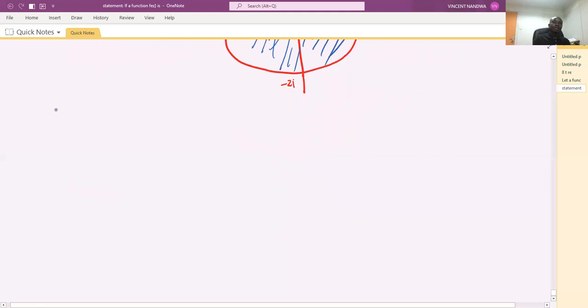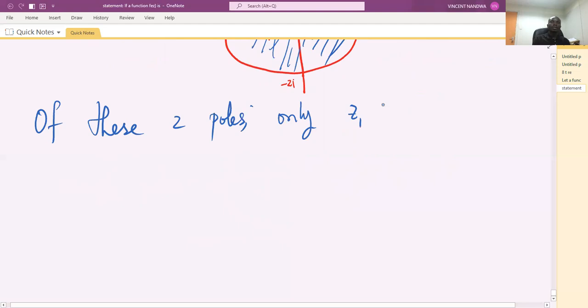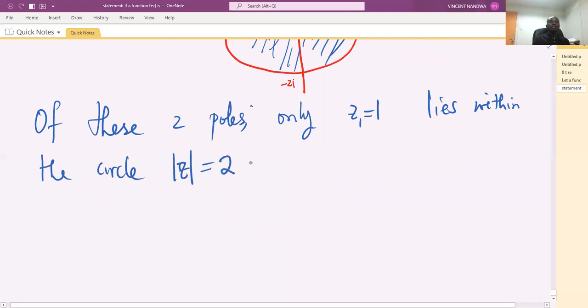Of these 2 poles, only Z1, which is given by 1, lies within the circle C given by this equation.